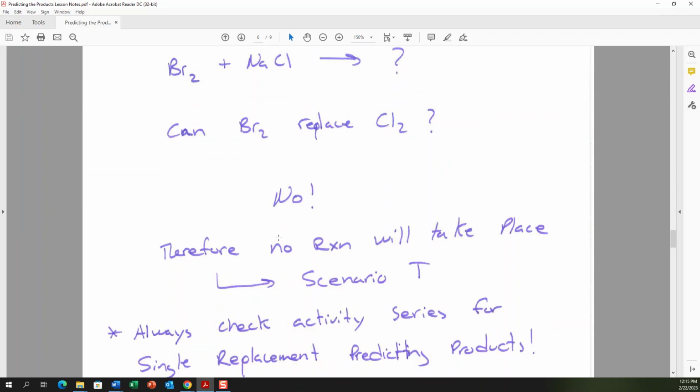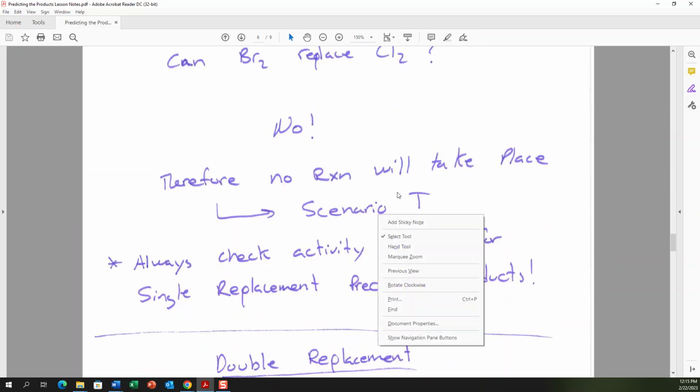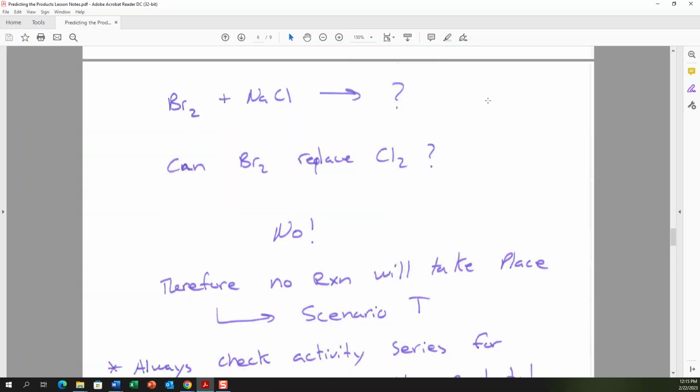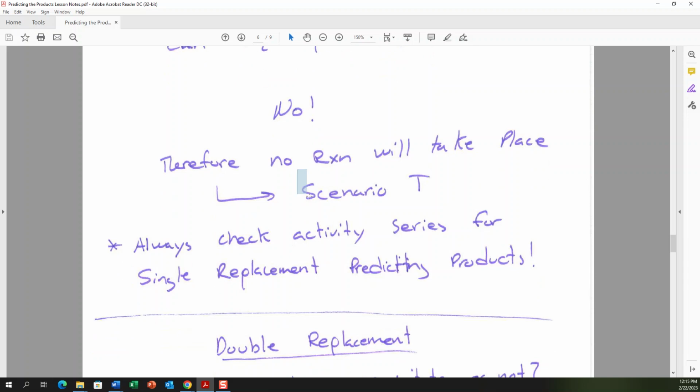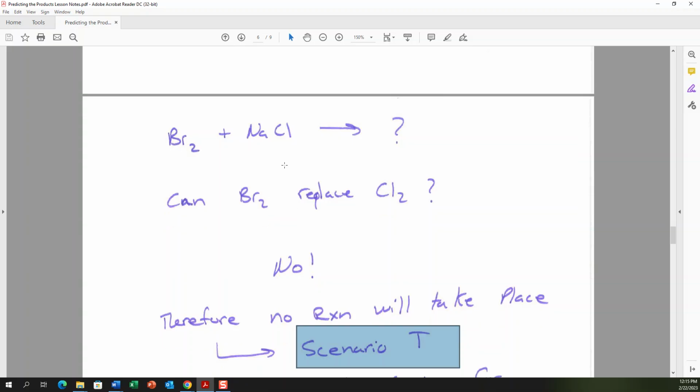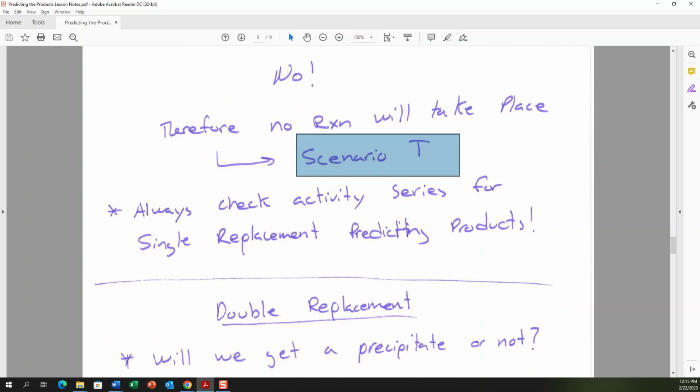So the answer is no, therefore no reaction, right? So all you would have to do, like here, is write no RXN, no reaction. This is scenario T. No reaction because bromine can't replace chlorine. If it was the other way around, if we had chlorine and sodium bromide, yeah, the reaction would take place because chlorine can replace bromine, but bromine cannot replace chlorine. Okay? So that's scenario T.